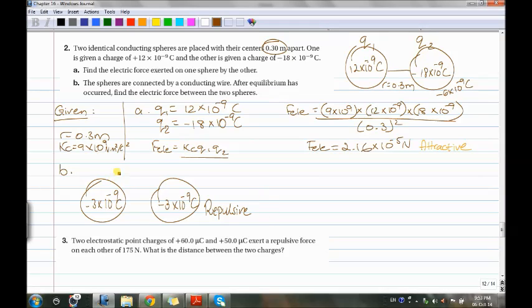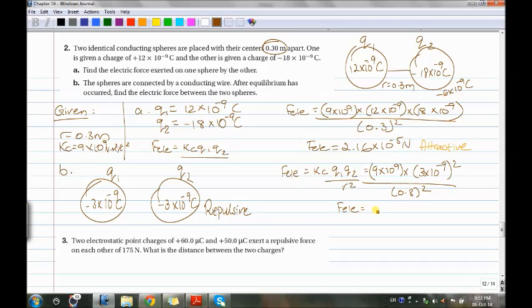So now this is the Q1 and this is the Q2. Now we could just apply the formula, and we'll use the distance, which is 0.3 meters. Times, so ignore the negative, just 3 times 10 to the power of negative 9 squared over 0.3 squared.